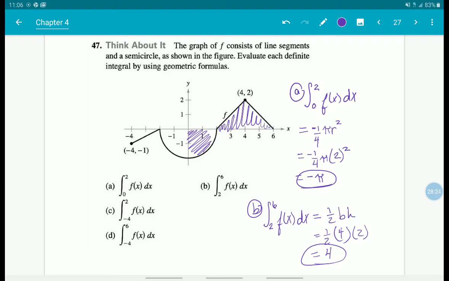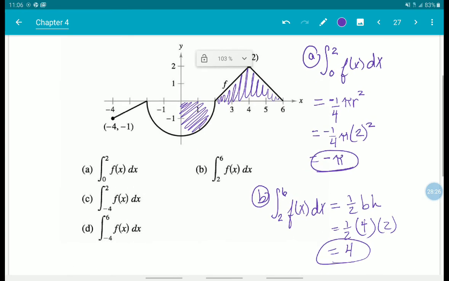So now let's look at C. C is asking us to find the area between negative 4 and 2. So negative 4 to 2 would be this triangle, and it would be this semicircle.